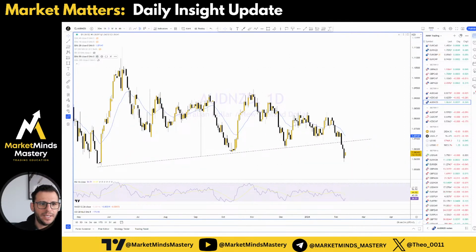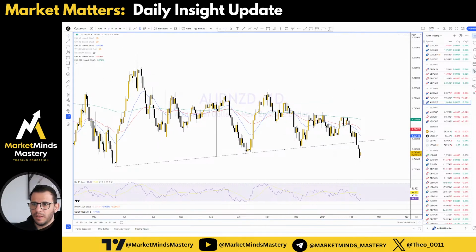It created this lower low here. So we are missing the lower high now. That's the high. We want to see some kind of retracement, any kind of swing high or market top, and then we look to short.